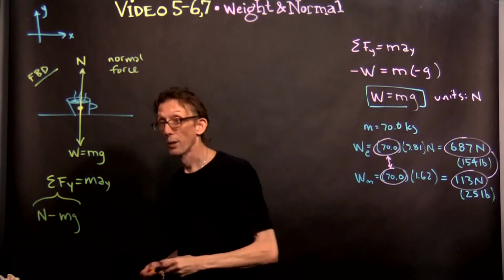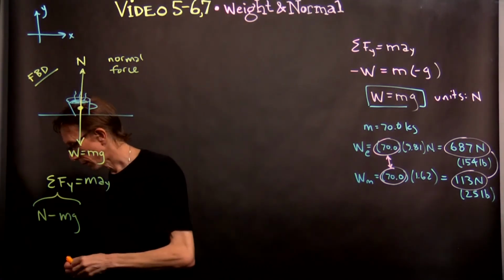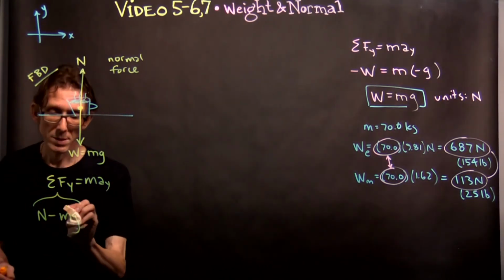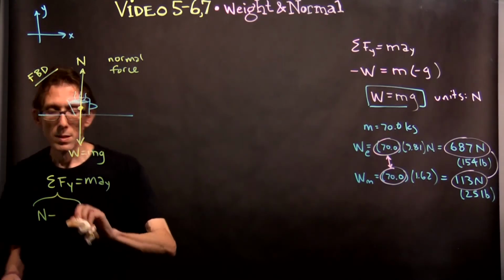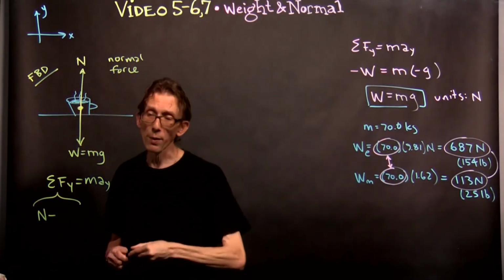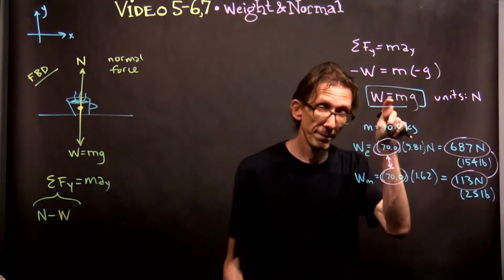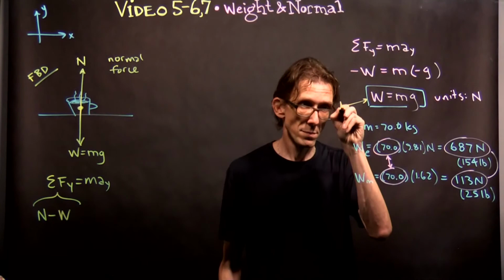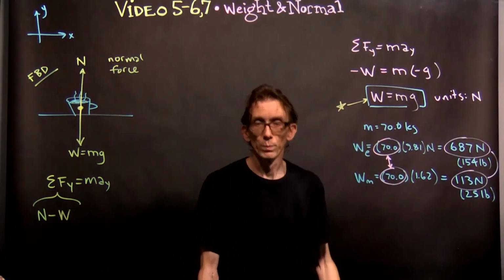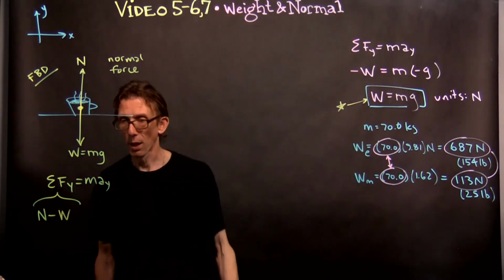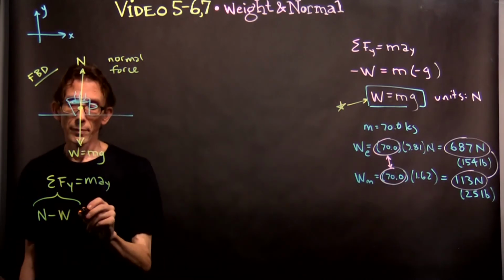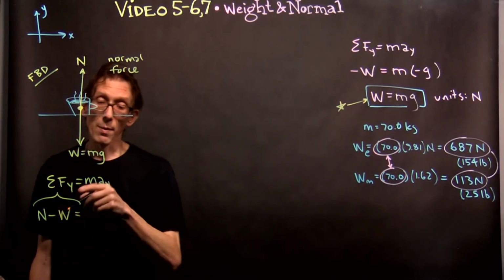Actually, let me just call that the weight. Sometimes I'll write the weight as W, sometimes I'll just write it as mg, because the weight is always mg. But here I'll just keep it as W. Equals m a_y.